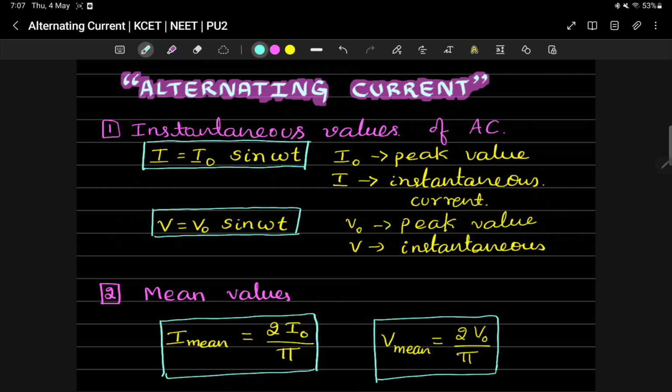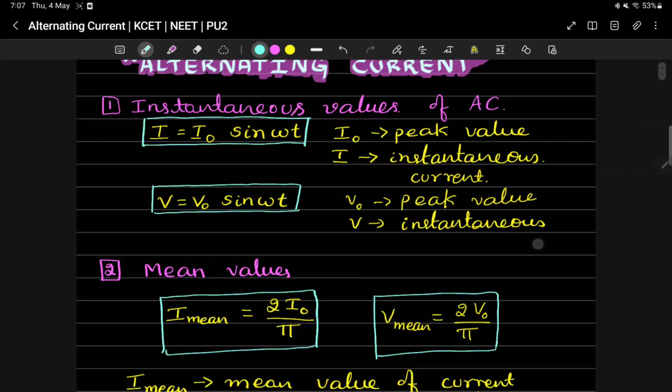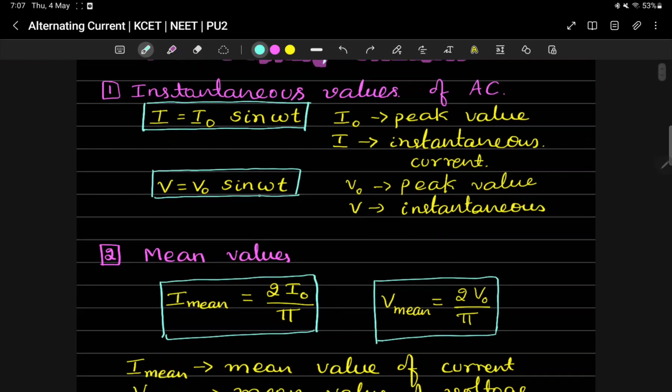You must have studied that in theory. I am just giving the list of formulae here, where I₀ is the maximum value of current, called peak current, and in the same manner we have peak voltage V₀. Here ωt is the angle.